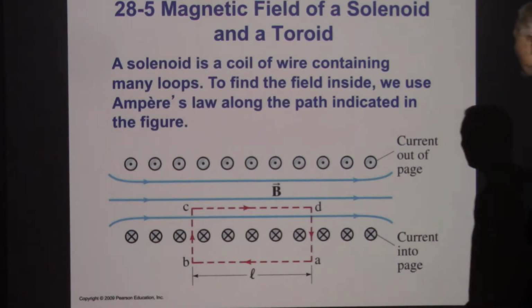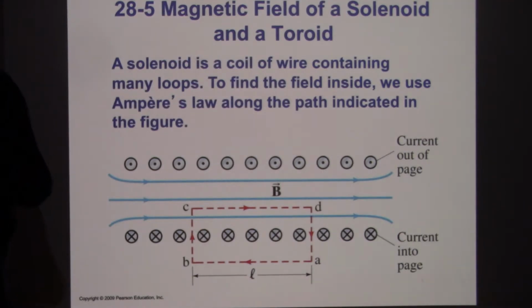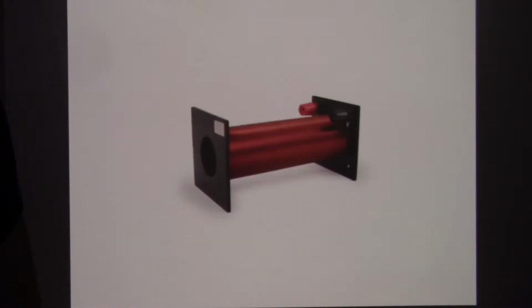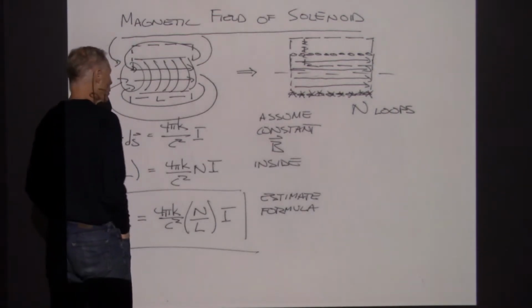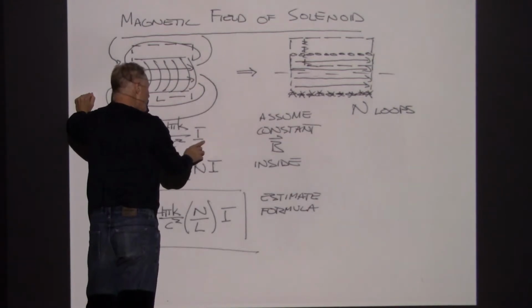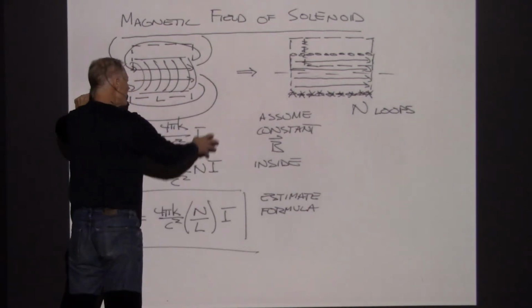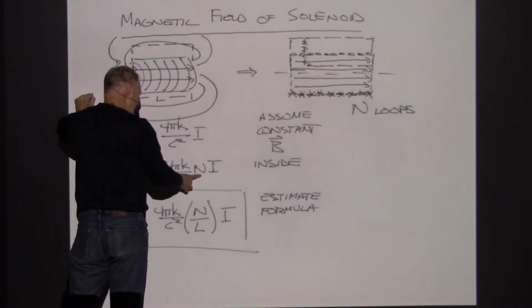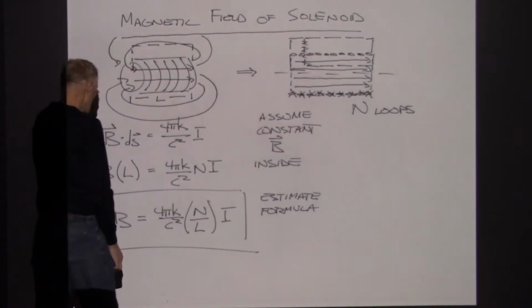So we'll say that the current that runs through the Ampere's path is going to be equal to N times I. I left that off, so this should say enclosed current I, and the enclosed current is actually N times the current running through the wires.